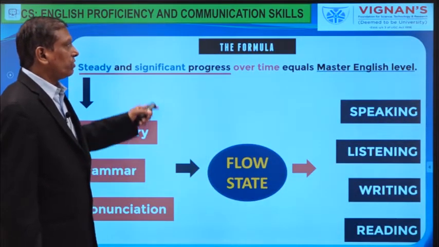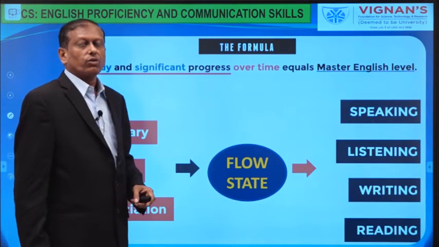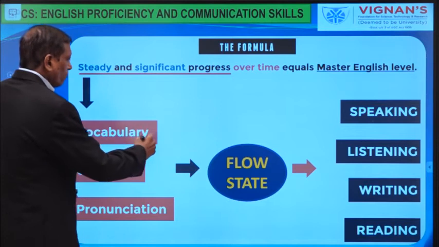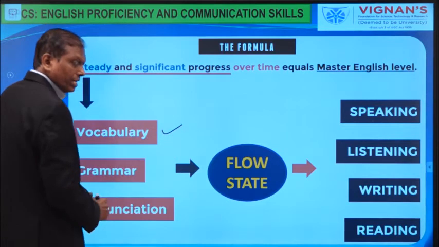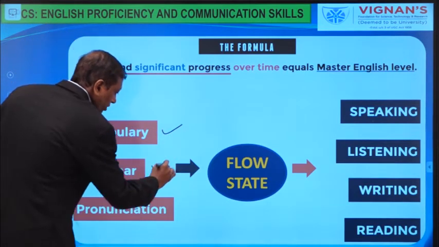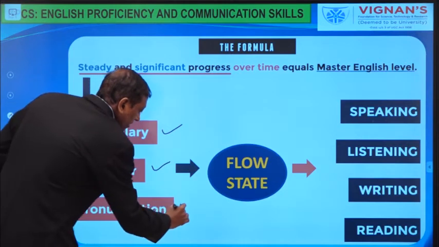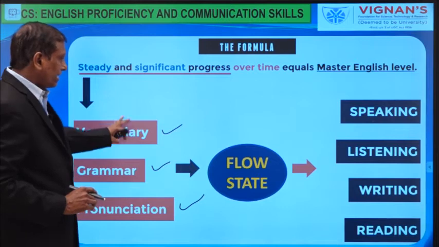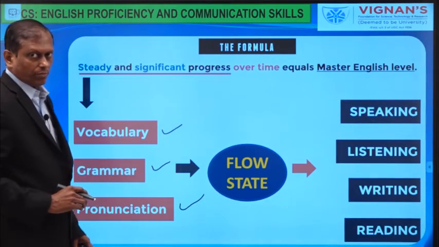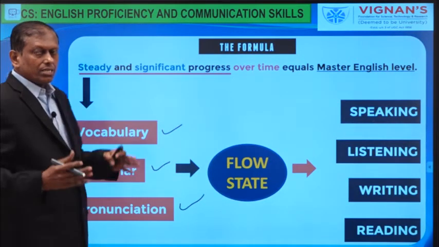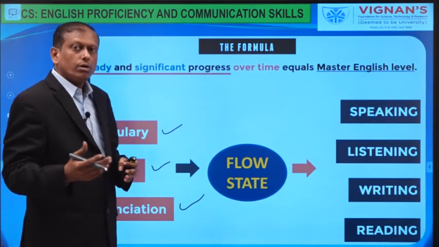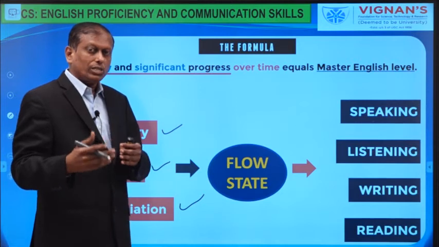Now, this is the formula that we are going to use in this context. So far, we have learnt a lot of vocabulary and a lot of grammar. We have learnt certain pronunciation, which will be focused on once again, and this is what we are familiar with. But though you learnt it long before, now we are going to retrieve it.